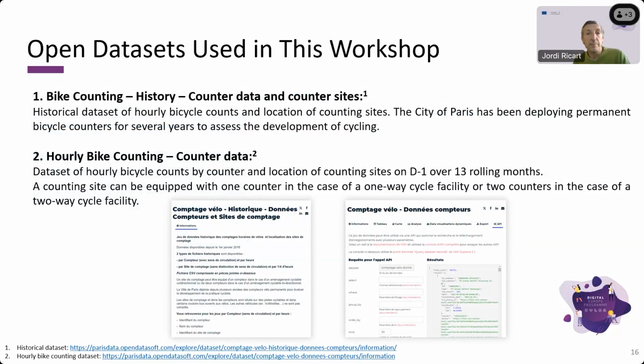The dataset of hourly bicycle counts by counter and location, so we have the data of the counting sites on day minus one for the last 13 months. A counting site can be equipped with one counter in the case of a one-way cycle facility, or two counters in the case of a two-way cycle facility. We'll be getting that data through an API, and we'll be using it for our use case.